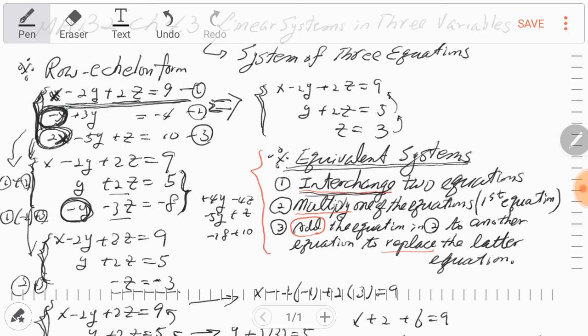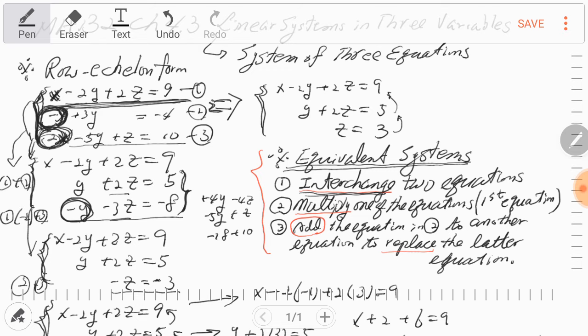So multiply the first equation by some number to eliminate the x term, and then add it to the second equation so that we can eliminate this x term. Multiply the first equation by some number to eliminate the x term from the third equation. So what we have to do is multiply the first equation by some number, add it to the third equation, and the result will be a third equation that does not contain the x term.